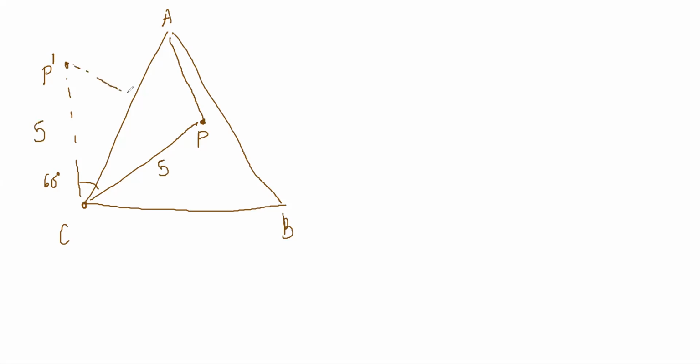So this is equilateral because this distance will be the same as this distance, right? And this is 60. Okay, so P A P dash, the area of this triangle. So this is 60 and this is also 60. So then this is equilateral, then this is 3.